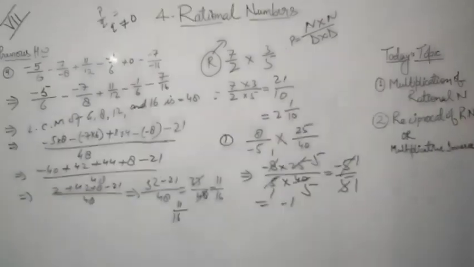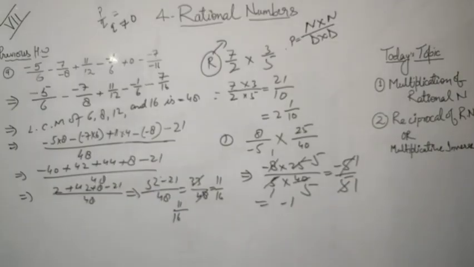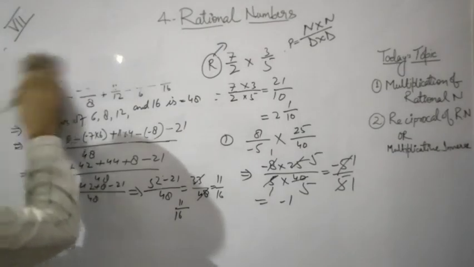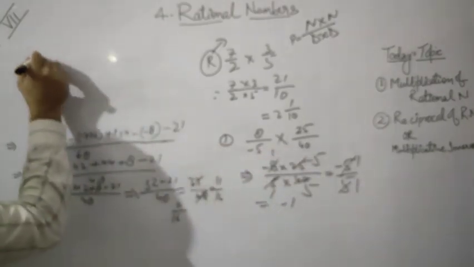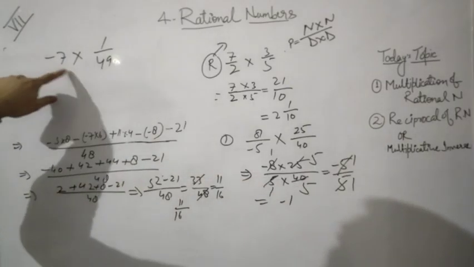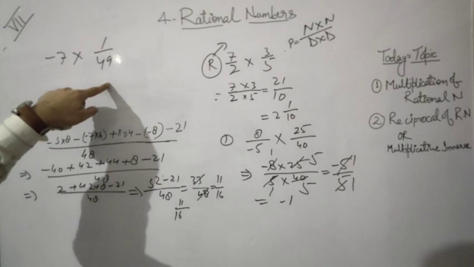We take another example of multiplication, the next example of multiplication, like this type of example. What? Minus 7 multiplied by 1 upon 49. So look here, what is given here? Minus 7 multiplied by 1 upon 49.